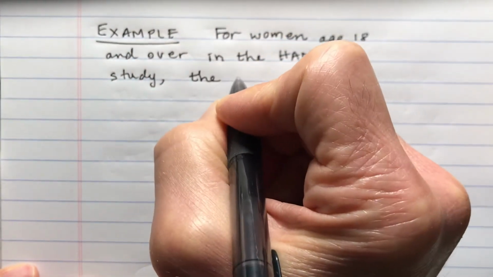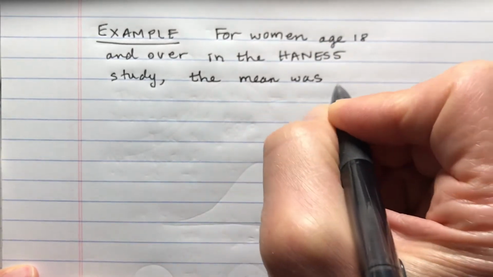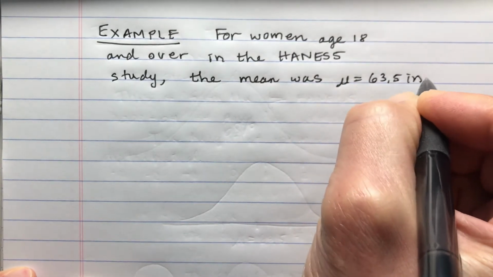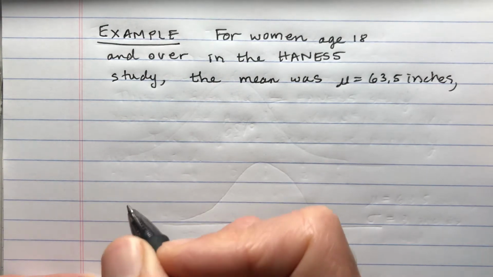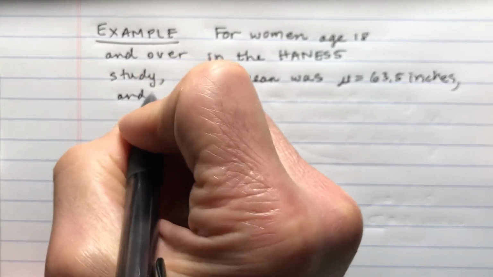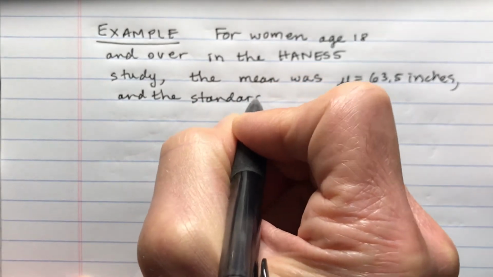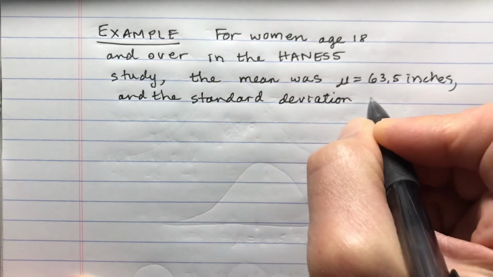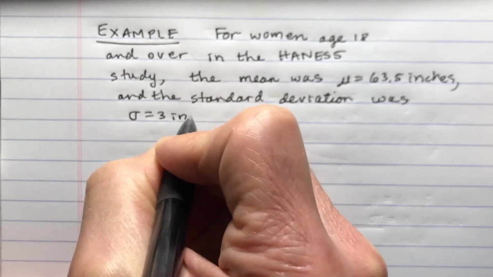The mean was mu equals 63.5 inches. And the standard deviation was sigma equals 3 inches.